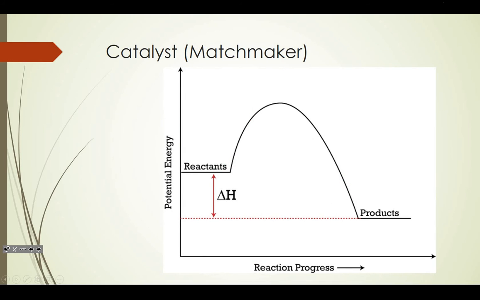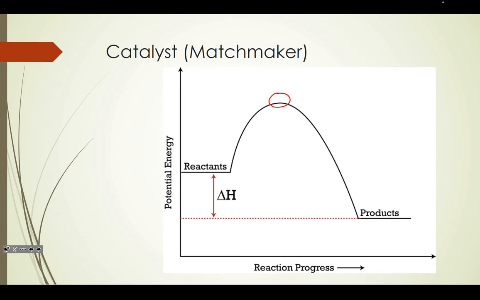All right, when I have a catalyst or a matchmaker, think of it as dating here in America to try and find a date. You go out on dates with lots and lots of girls or boys. There's a lot of expense involved and it takes a lot of money. But you finally find the one, right, at the activation top. And then you're able to go and produce a wedding and get married and live happily ever after.